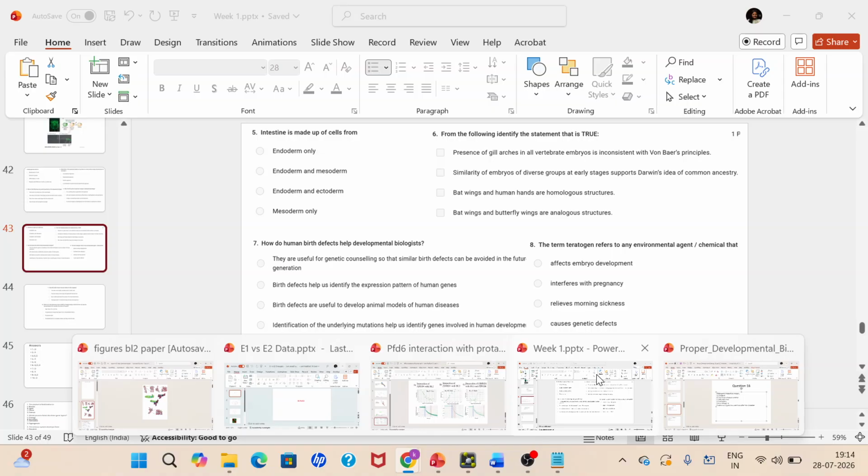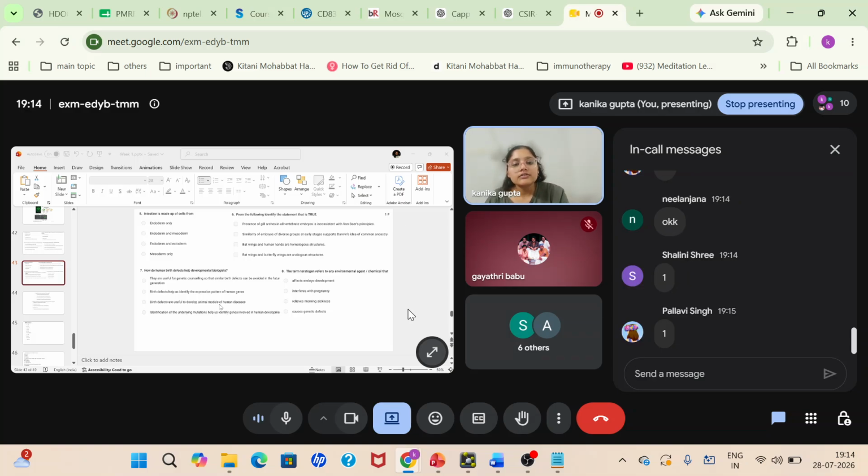What does this say? The term teratogen refers to an environmental agent or chemical that what? Great.